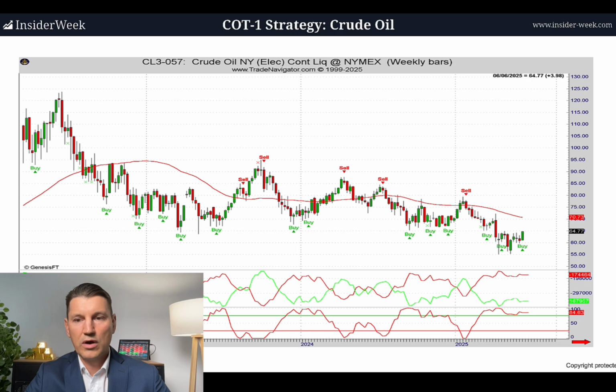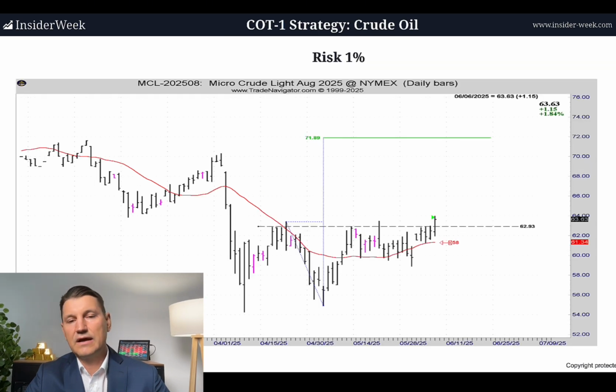Next market, crude oil. In crude oil, we got a buy signal based on CFTC data, and also on the daily chart, we got a breakout over the resistance at 62. So I opened a long trade. I'm in micro crude oil with 58 contracts long.